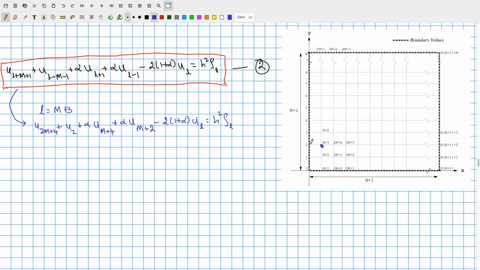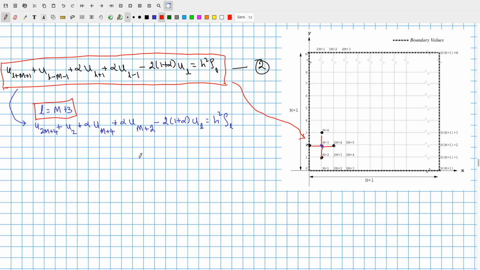Let me use a different color, that makes it clear. 2m plus 4 is here, 2 is here, m plus 4 is here, m plus 2 is here, and this is our u of L. So this equation basically connects the 4 nearest neighbors. This is how this equation is connected for each different value of L.